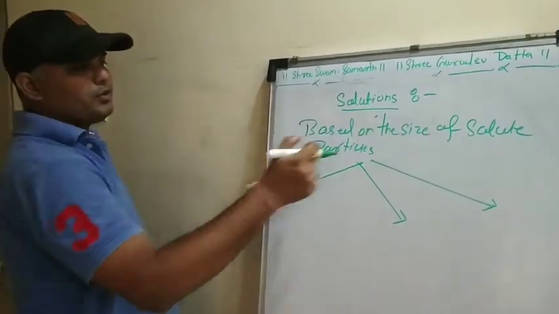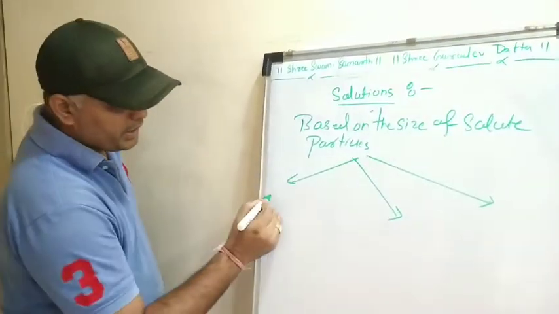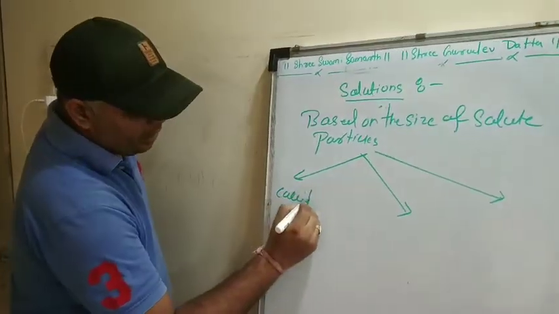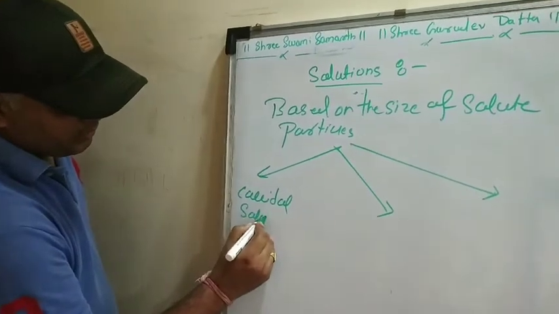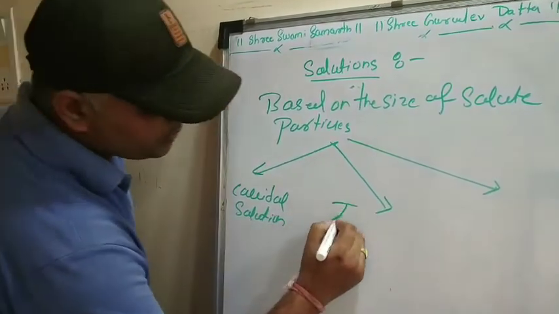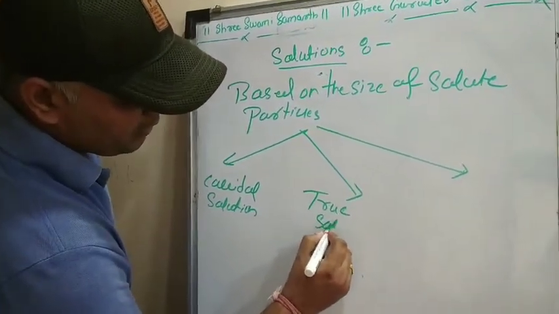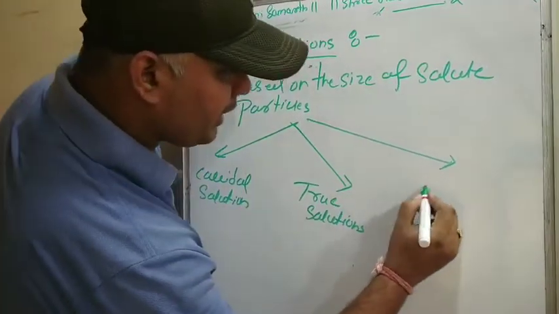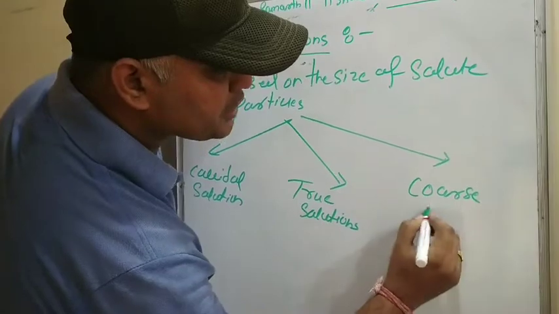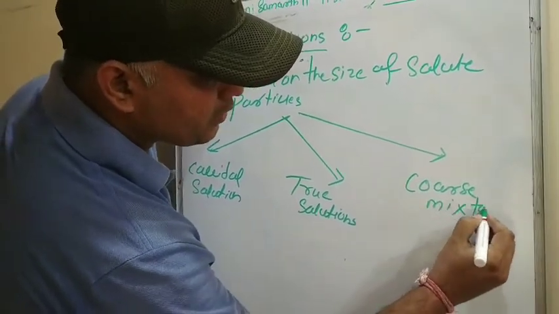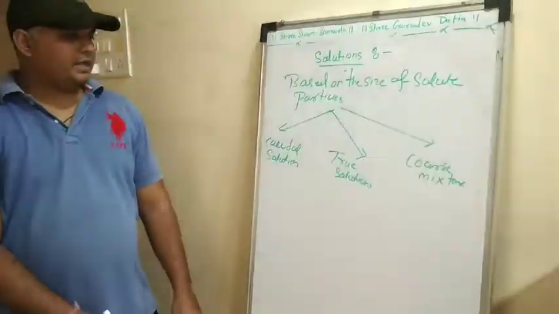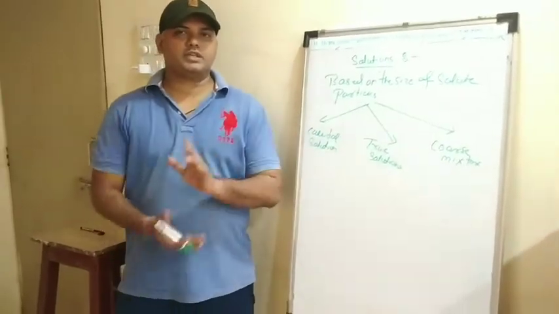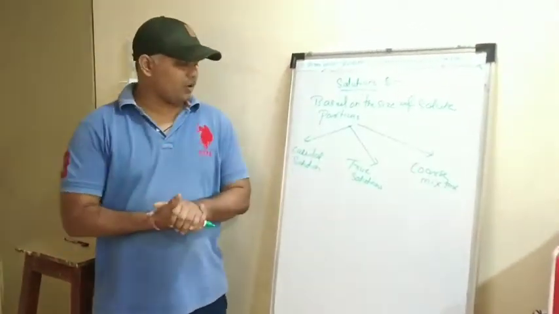Based on the size of solute particles, they can be classified into three types, that is colloidal solution, then true solutions, and then the third one will be coarse mixture solution. Right? Colloidal solution, true solution, coarse mixture solution. Now we will understand all the three.